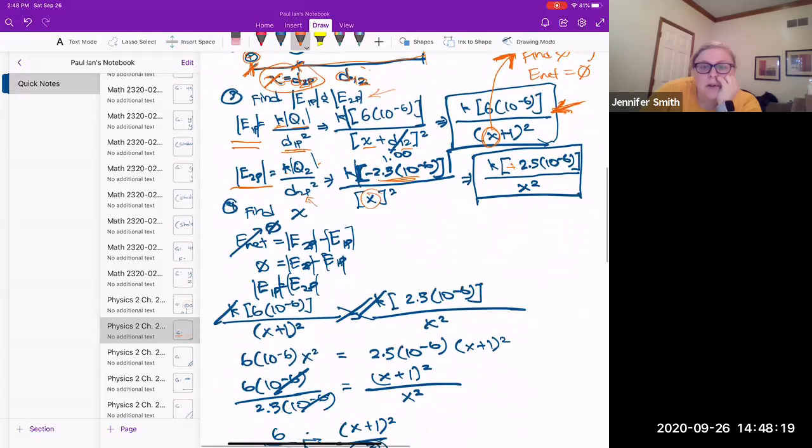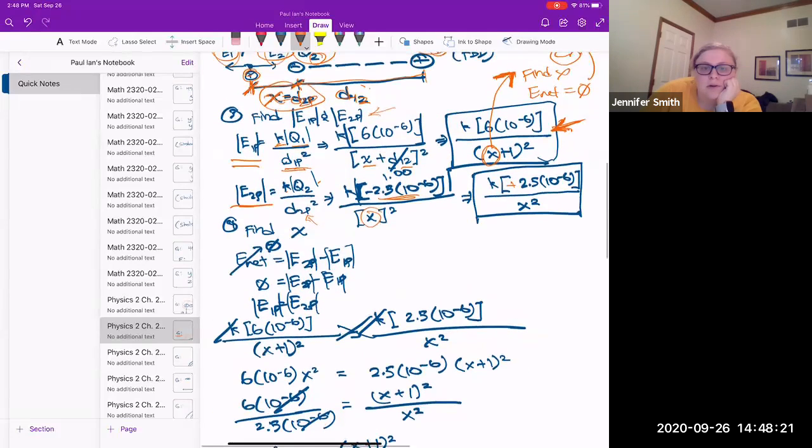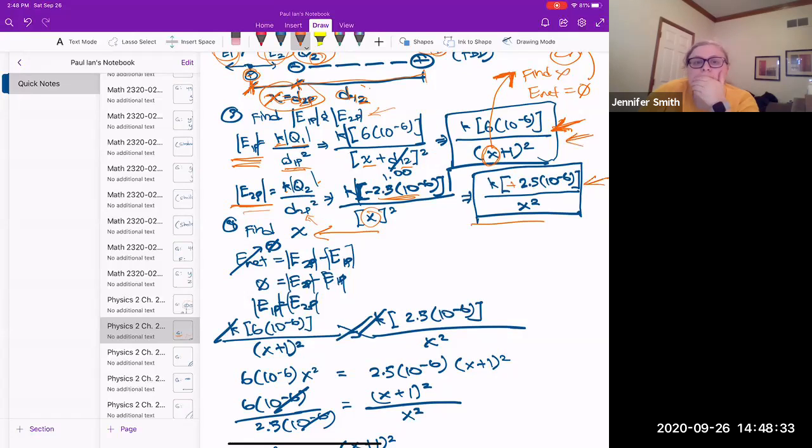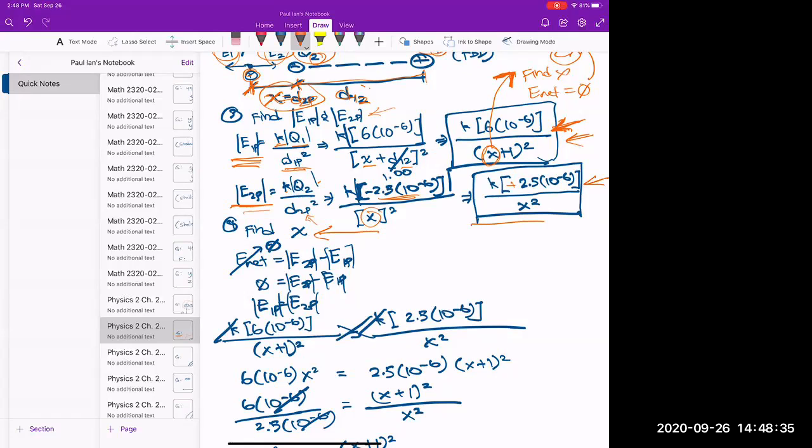Yeah. So that's E2P. Those are the components, E1P and E2P. The next thing is find X. Since we have the components now, we have these two equations that have X in them. Yeah. And then your question is, what equation do I solve? Well, he does give you that in the problem.